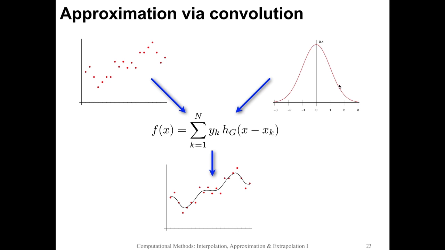In this example, I've used a value of sigma equal to 1, so that corresponds to a standard deviation of 1. But we can change that parameter sigma, and every time we change it, it will control the width of our kernel. A large value of sigma will correspond to a wide, flat kernel, and a small value of sigma will correspond to a narrow and peaked kernel.